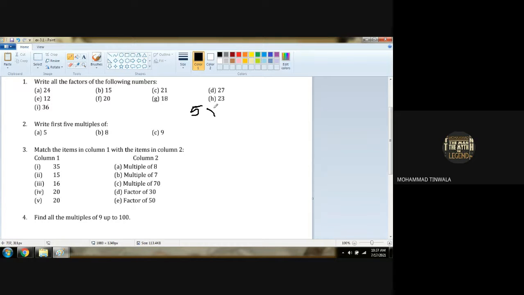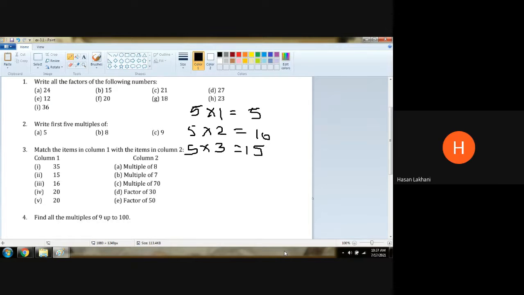So how to write this? 5 ones are 5, 5 twos are 10, then 5 threes are 15, then 5 fours are 20, and 5 fives are 25. Very good.